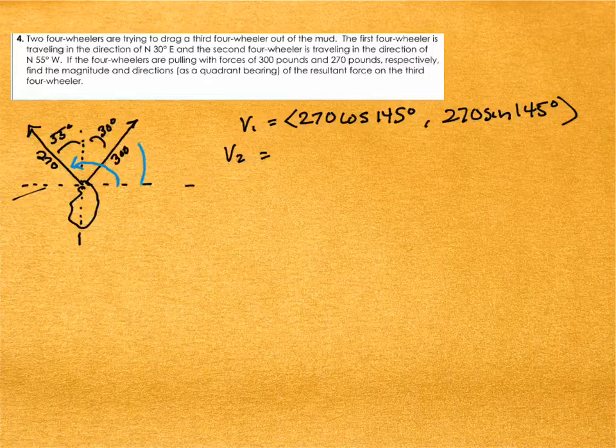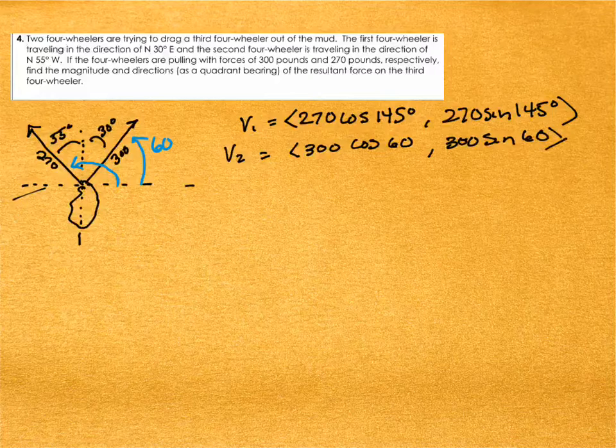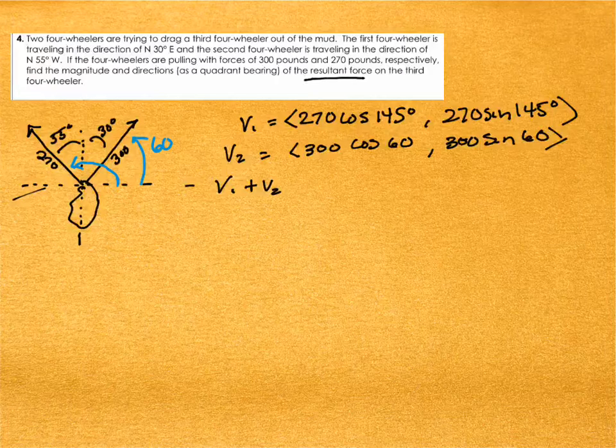This would just be from here to here, which would be 60 degrees. So it would be 300 cosine 60, 300 sine 60. Okay, so V1 plus V2, because they want the, find the magnitude of the resultant force.